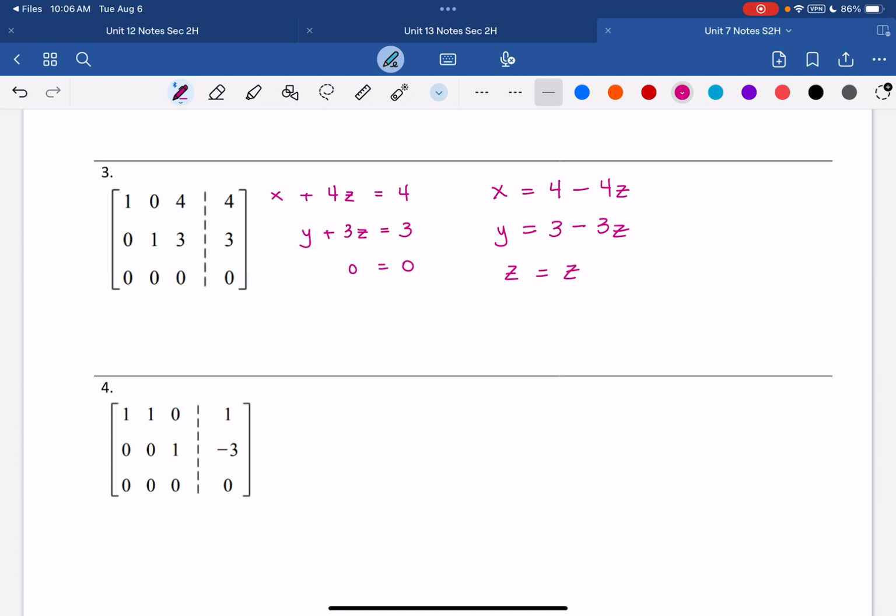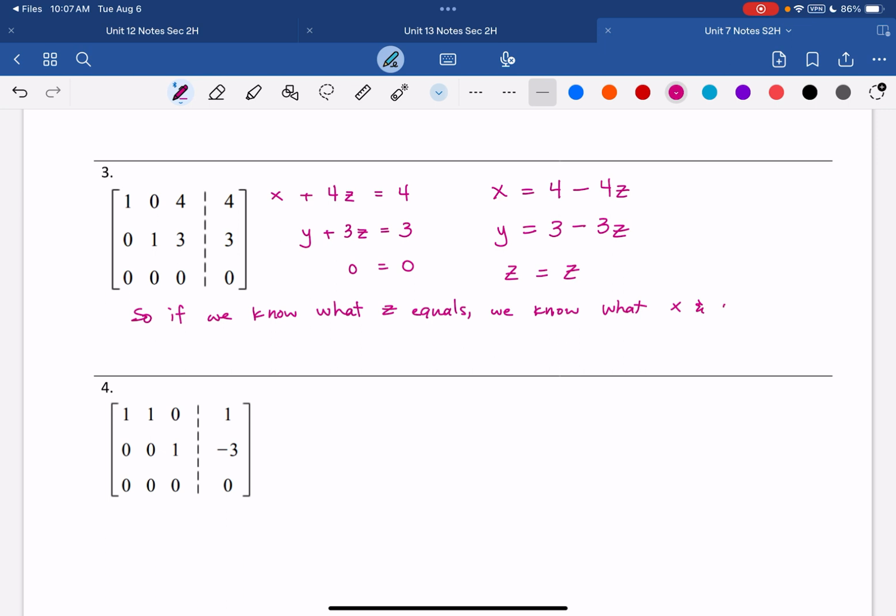So if we know what z equals, we know what x and y equal.